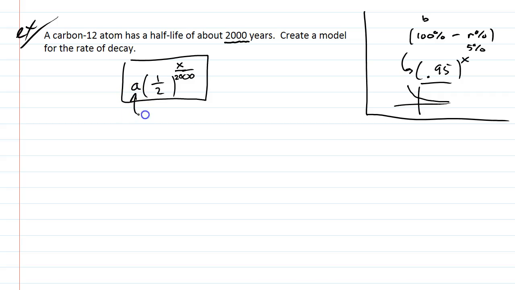A lot of times they're going to put something here like 10 grams or 20 grams. So this is just how you set it up. If you have a half-life, make sure that when it says every time period, your time period is going to be below your time as a fraction. And this makes sense, because if you put 2,000 in here, it's going to turn this into 1 halving.